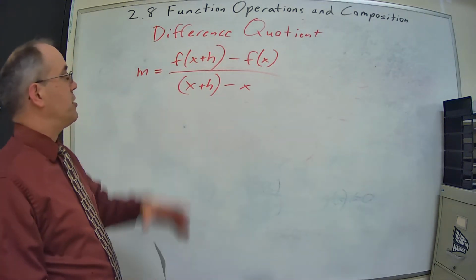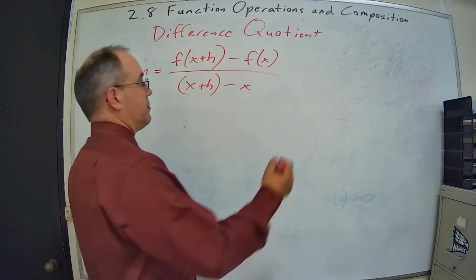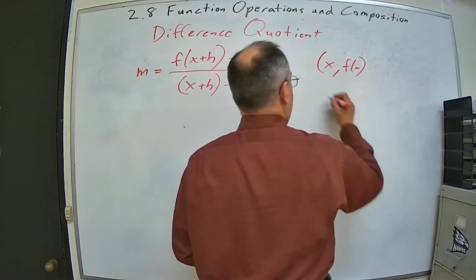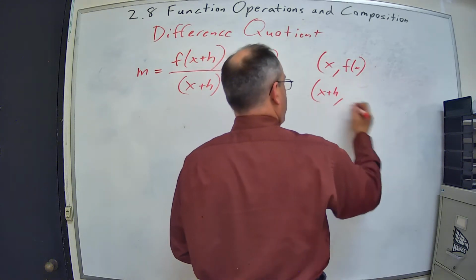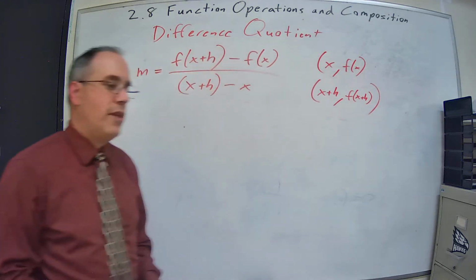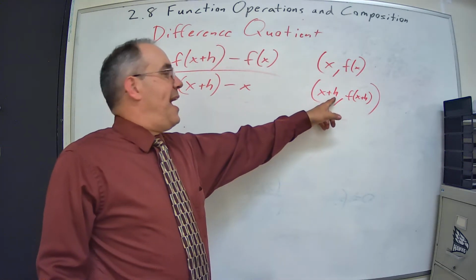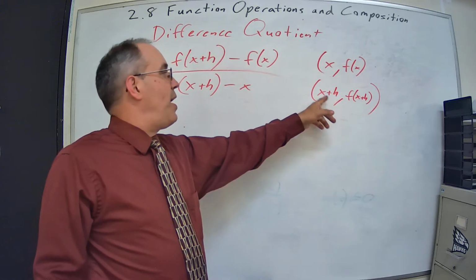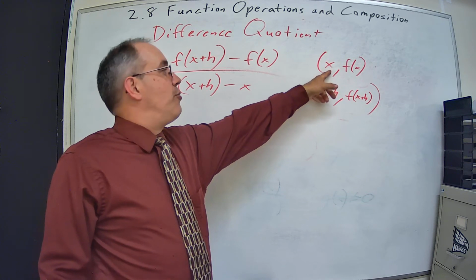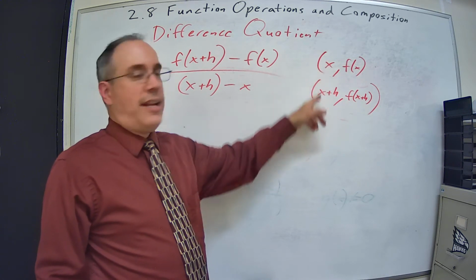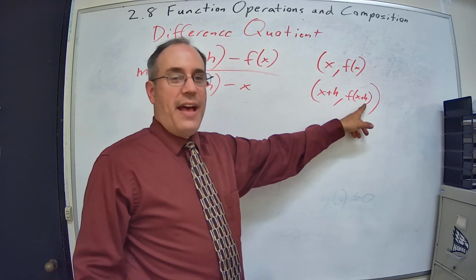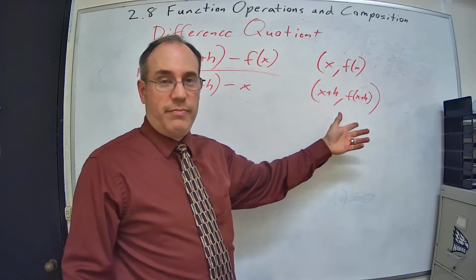So what we're doing is we're saying if we have 2 points, x, f of x, and x plus h, f of x plus h. We have these 2 points. H is just the distance away horizontally from the first point. So if we add a certain value to the x value of the first one, then when we run this function, we're also going to add that value to the input of that function.